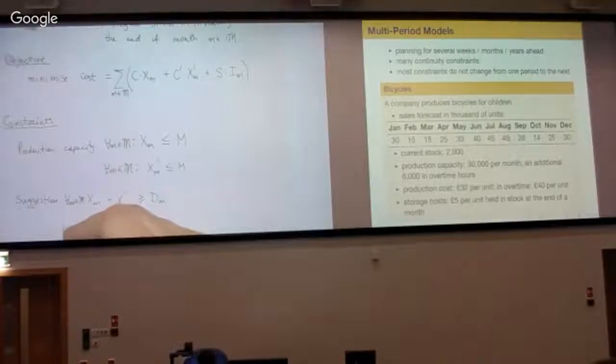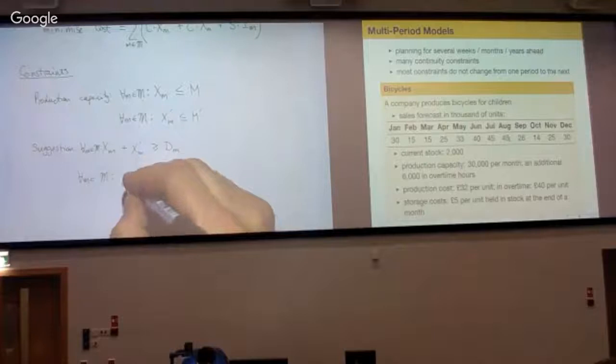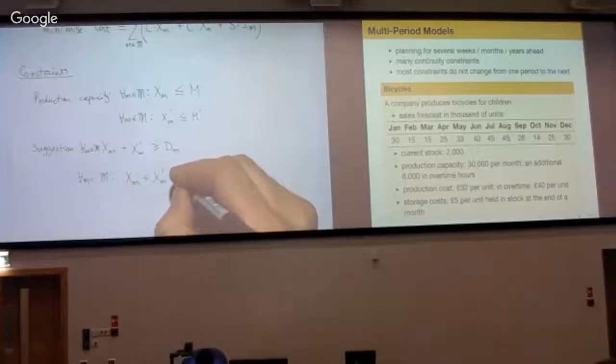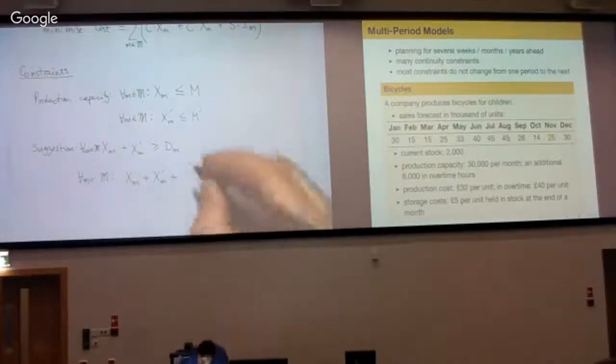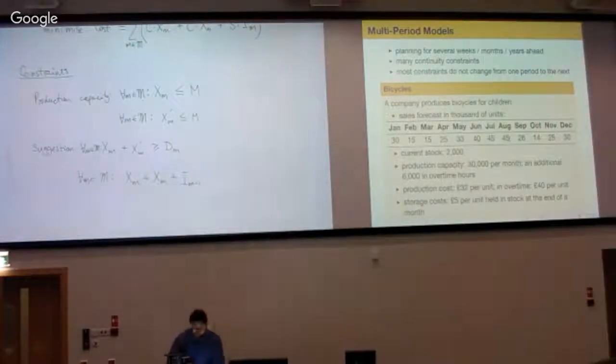Okay, so what you have is not just what you produced in that particular month, which is xn plus xn dash. What you have is you produce, and also what you have in storage from the previous month.